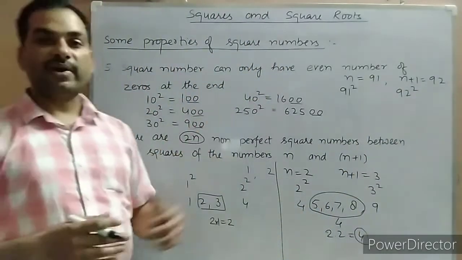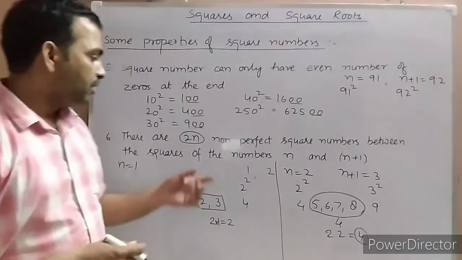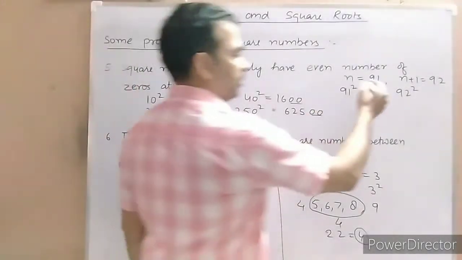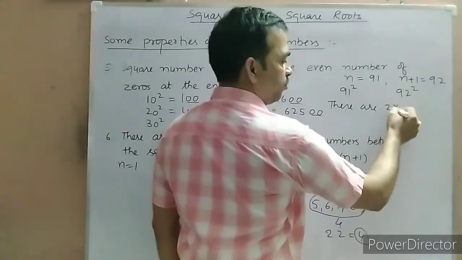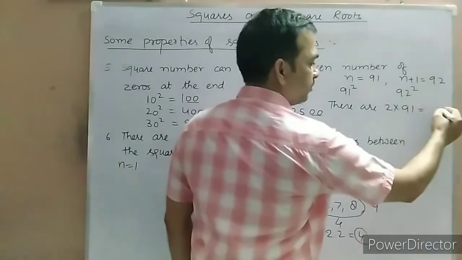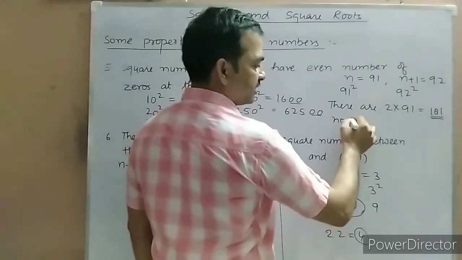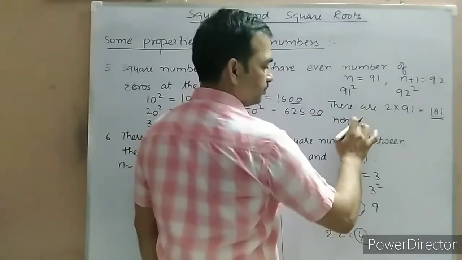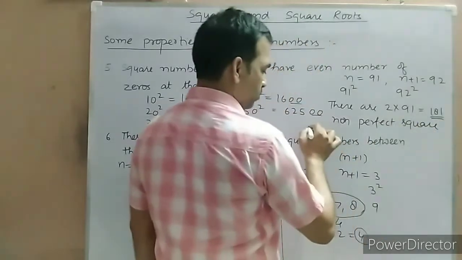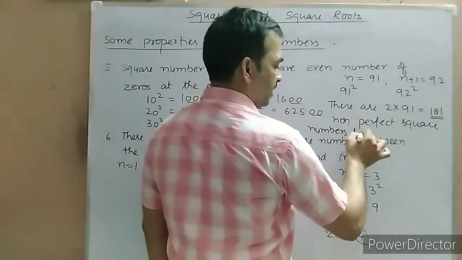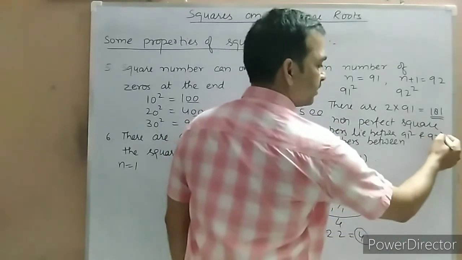There are 2n non-perfect square numbers, and here n is equal to 91. So 2 into 91: 2 ones are 2, 2 nines are 18, so 182 non-perfect square numbers lie between 91 square and 92 square.